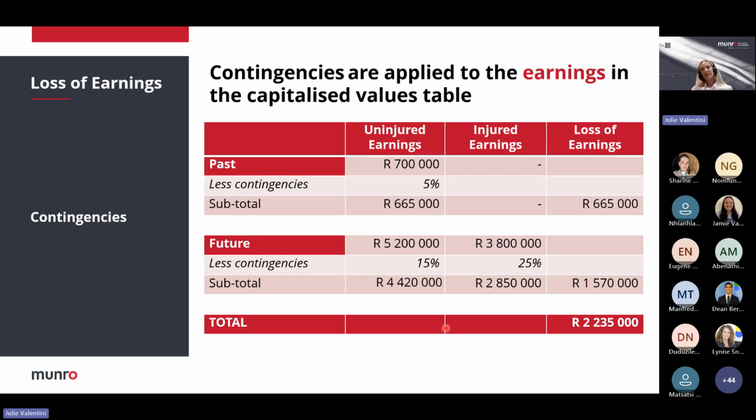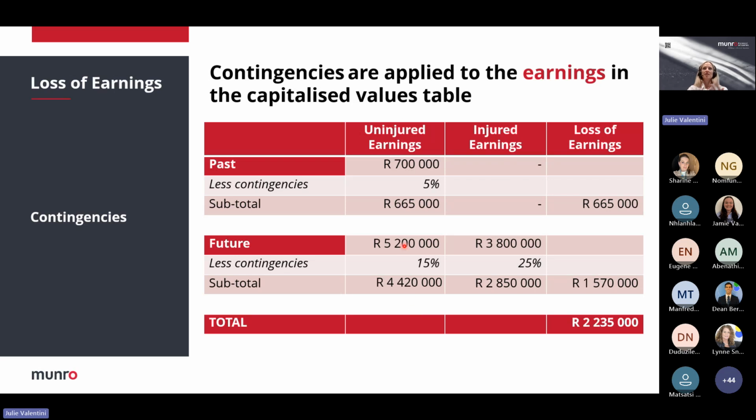Interesting, that total loss is slightly higher than the loss without contingencies, but that is not always the case for loss of earnings calculations. And I think that's important to realize, that it's not always intuitive or obvious what is going to happen to your loss on the loss of earnings side. The reason is because we deduct the injured earnings from the uninjured earnings, and you're applying contingencies to both sets of numbers.